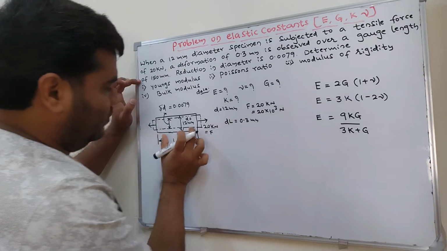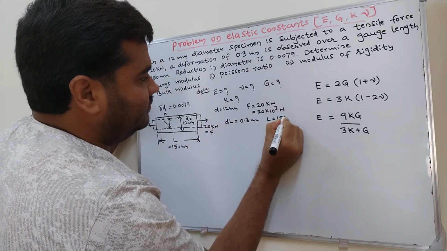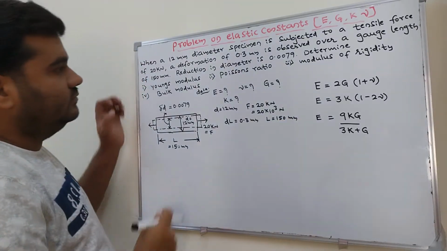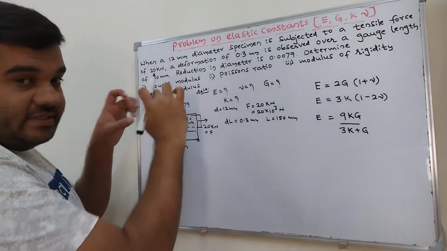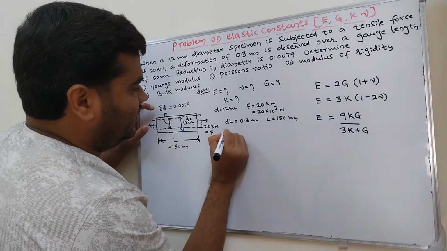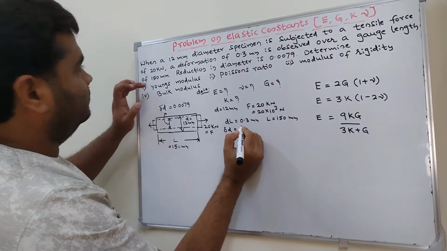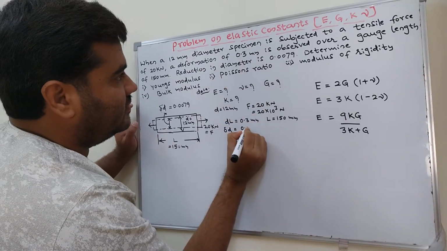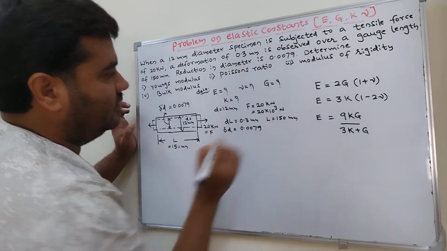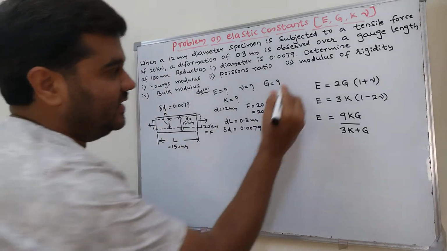Gauge length is the original length, L equal to 150 millimeter. Reduction in diameter, that is after applying the load, change in diameter equal to 0.0079. These are all the data given.